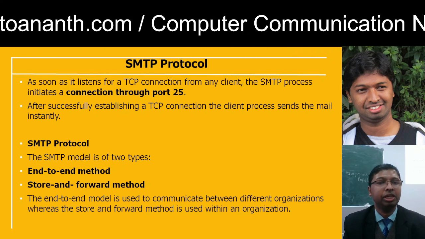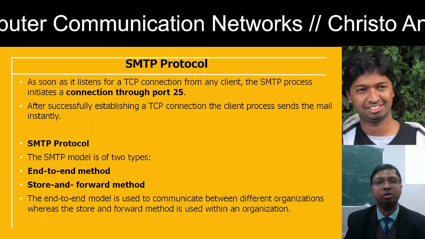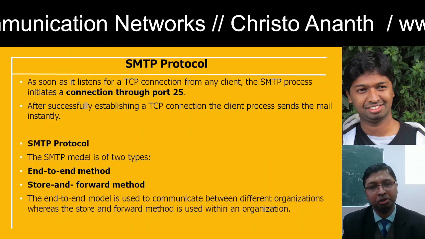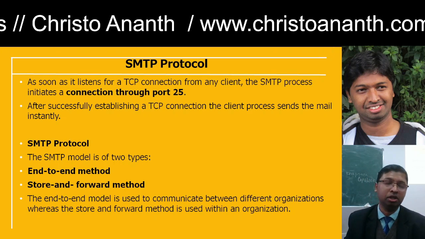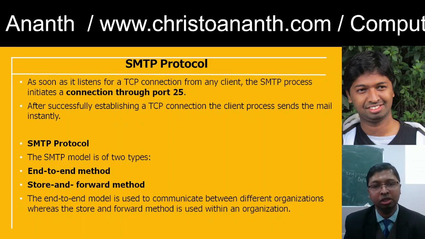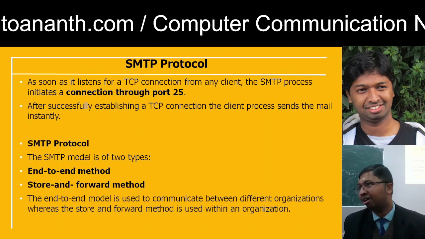The SMTP model has two methods: one is the end-to-end method and the other is the store and forward method. The end-to-end model can be used to communicate between different organizations and institutions, whereas the store and forward method is used within an organization.